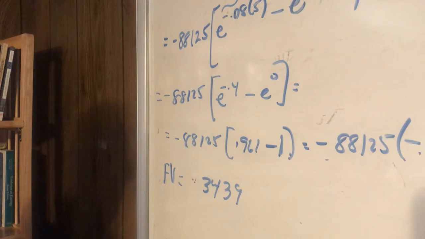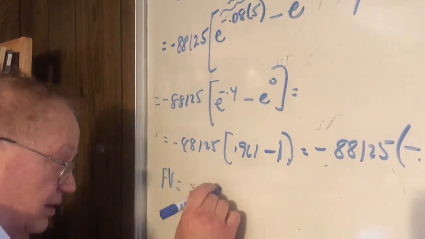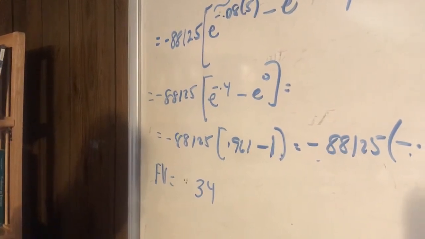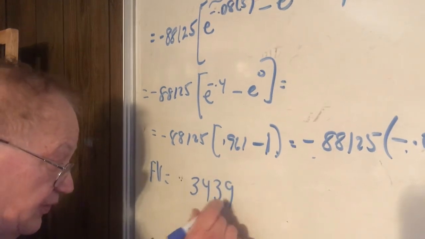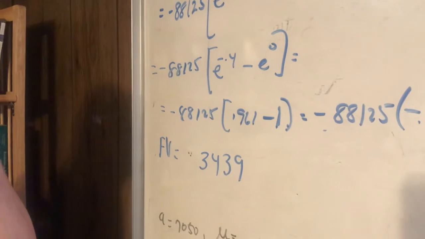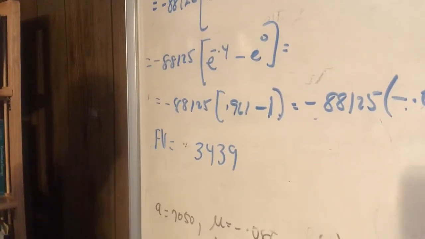Now, in the problem, I don't know if they give you that as a thing, but we're selling 0.3439, selling printing presses. So printing presses are kind of expensive, so I would imagine that this is, I believe this was in hundreds.